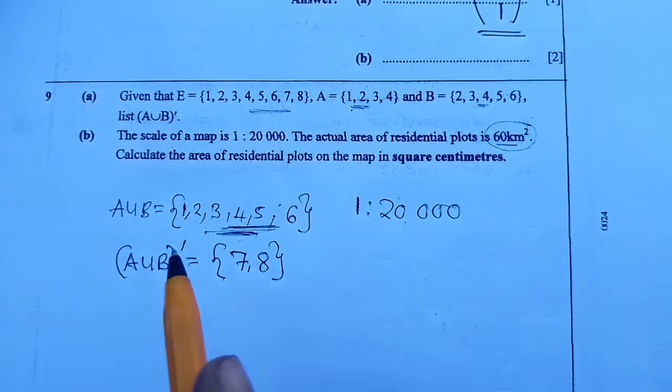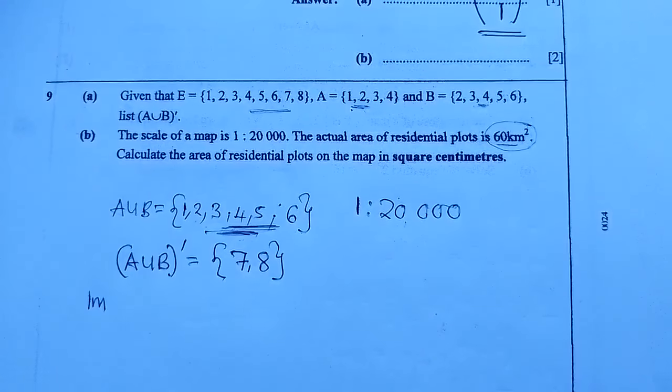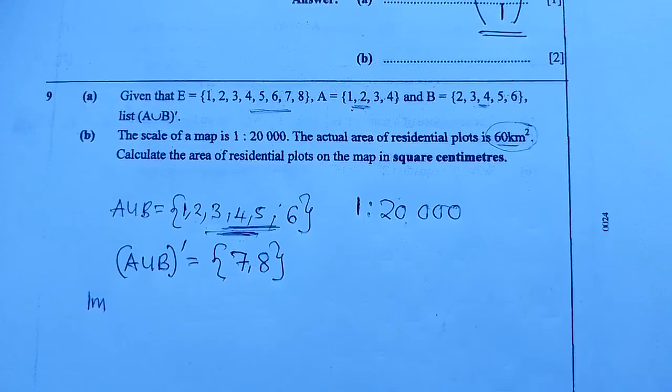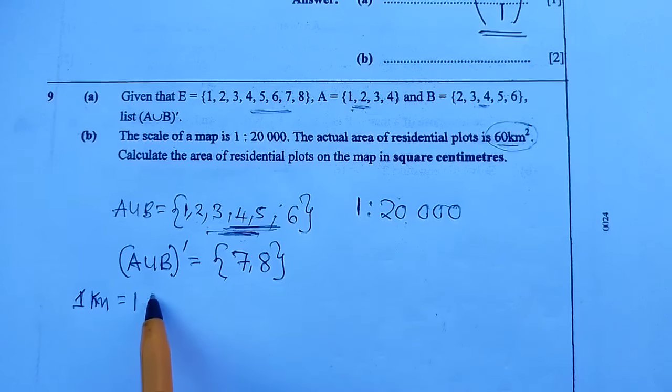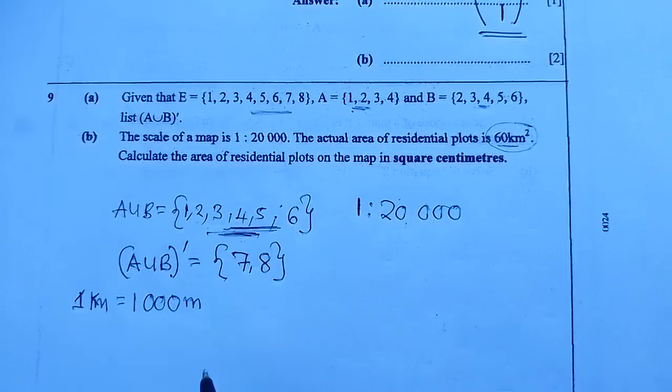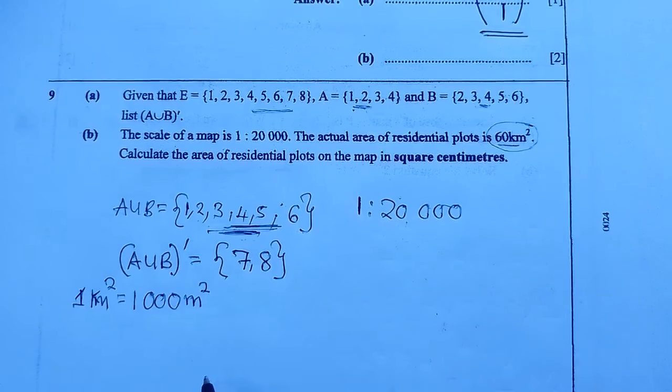So first, you know that 1 kilometer is equal to 1,000 meters. Then if you square this, you also square that.